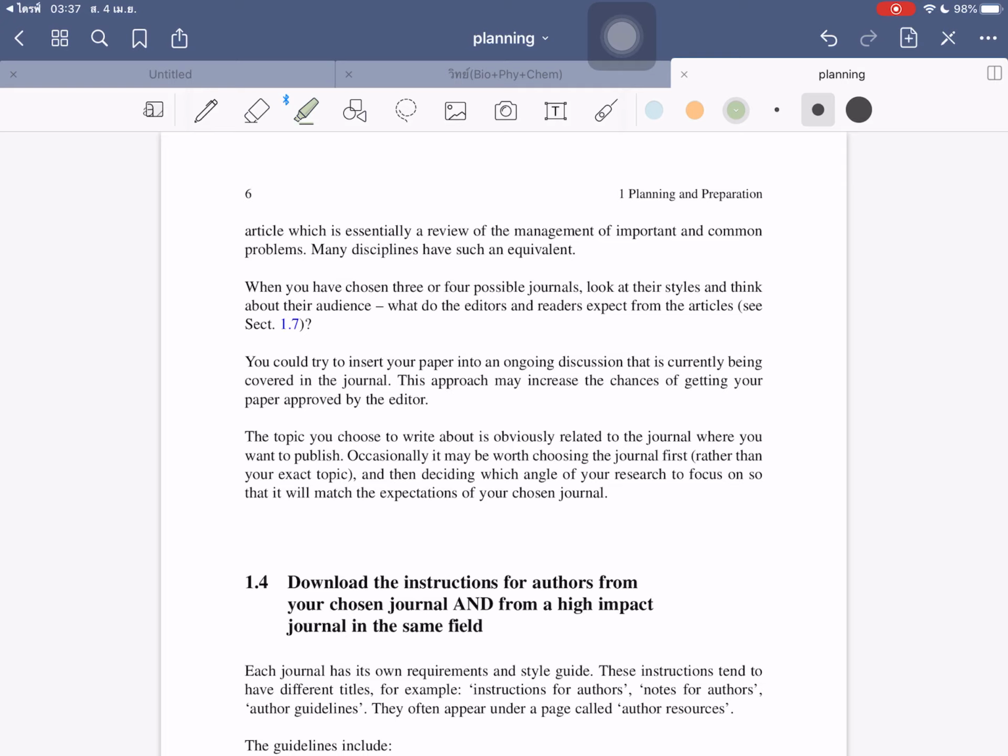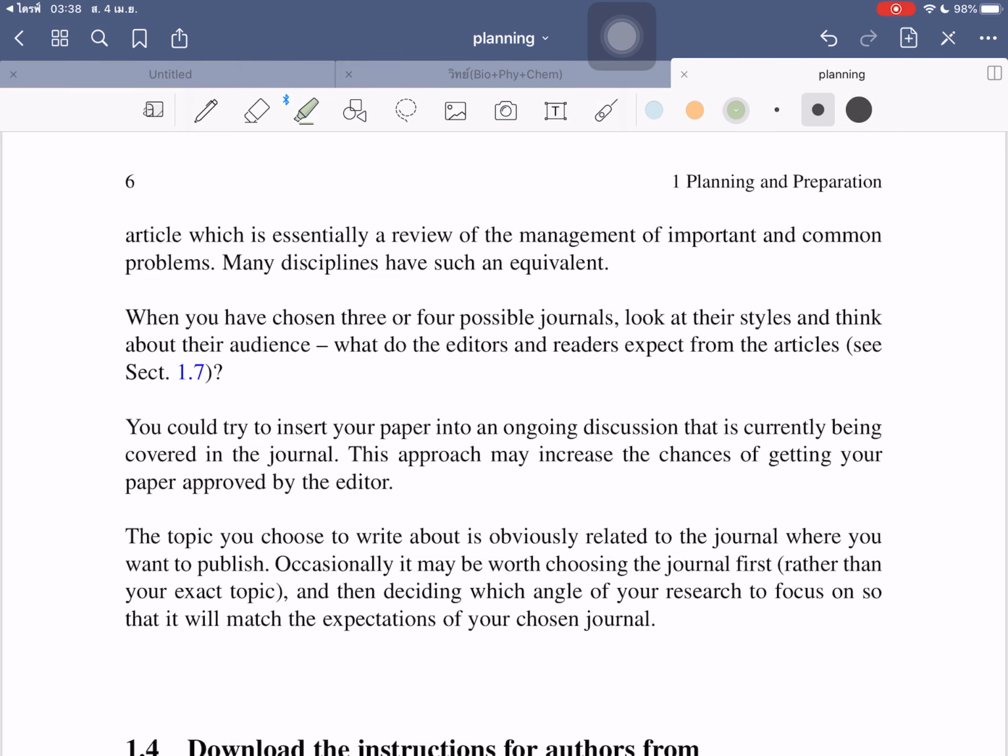And then on page 6, you should consult around 3 to 4 journals that you could choose to submit your work to. You study their style, and you think about the audience.